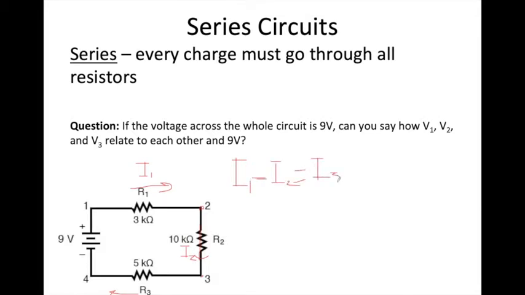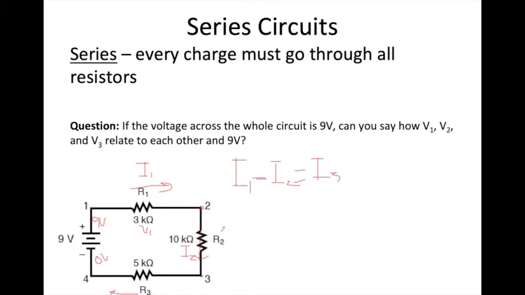How do you think the voltages are going to relate to each other and to the 9 volts? Again, that should be relatively obvious from rule number 3. So if I start here and I'm at, say, 0 volts, the low side of the battery, if I cross the battery, now I'm up here, I'm at 9 volts. And then I cross resistor 1, I experience a potential difference of V1.